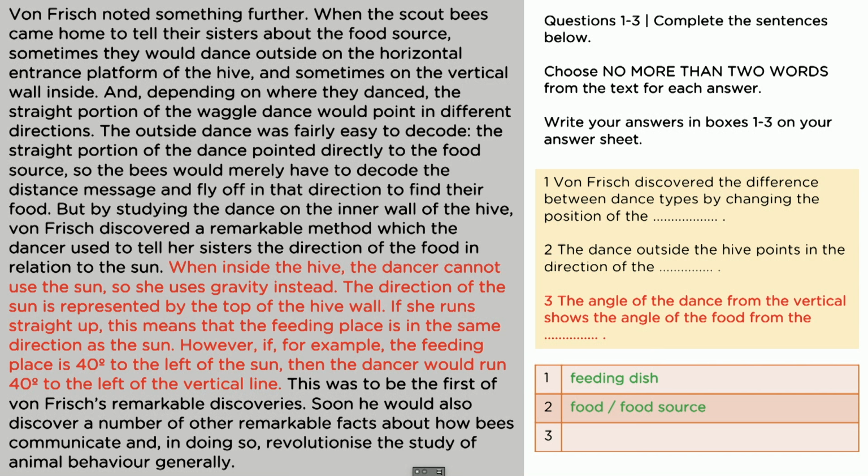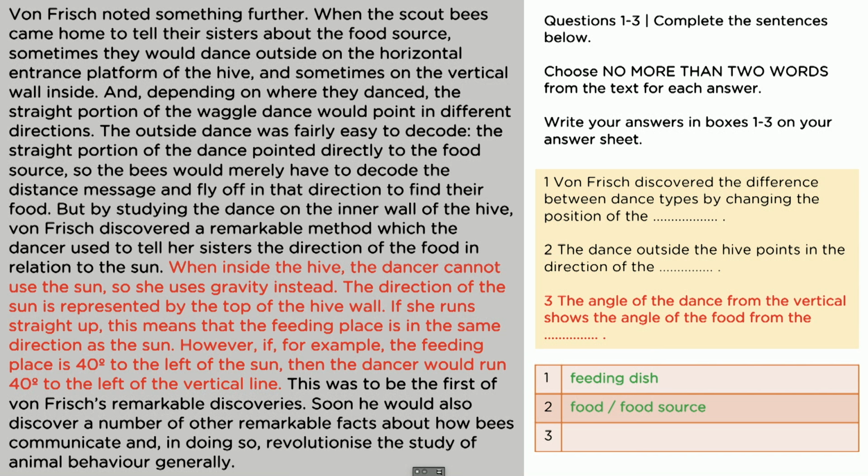Number 3, the angle of the dance from the vertical shows the angle of the food from what? This is a crazy question. The angle of the dance from the vertical shows the angle of the food from the something. We know we're looking for a noun. Let's just read the passage. When inside the hive, the dancer cannot use the sun, so she uses gravity instead. The direction of the sun is represented by the top of the hive wall.